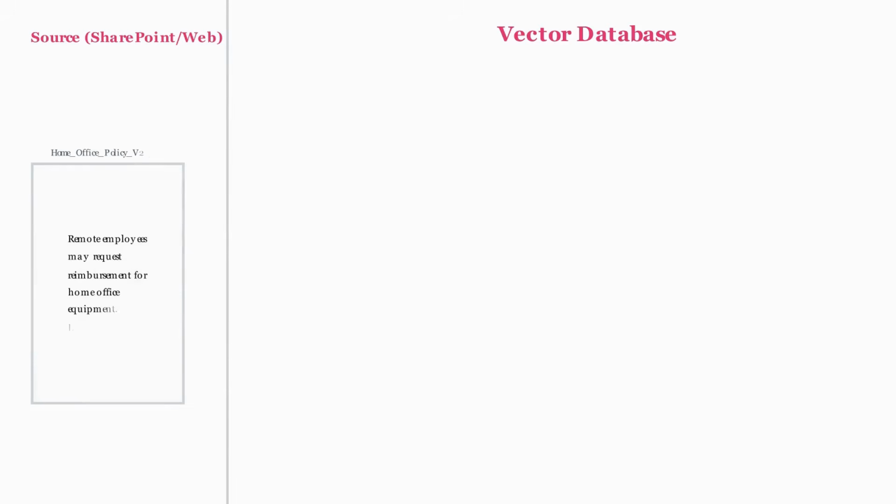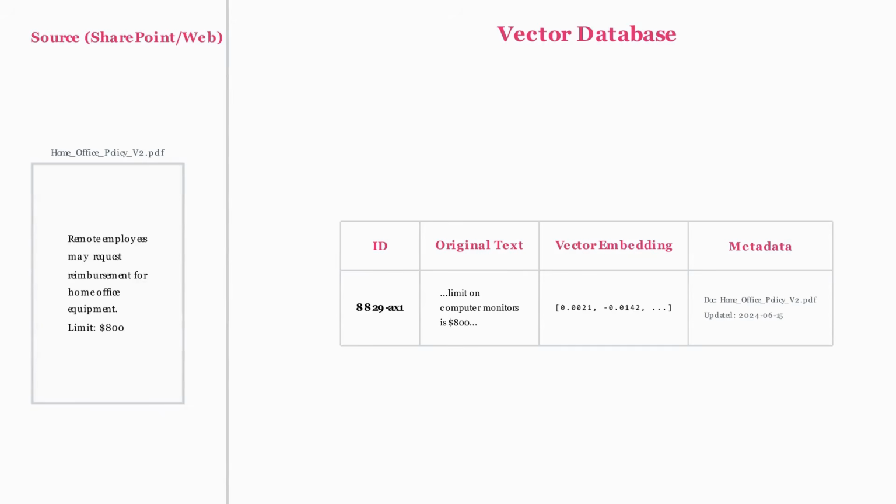The next part is data synchronization. This is the most difficult task. If a policy document changes in your SharePoint or web portal, but your vector database isn't updated, your AI will lie to your employees with total confidence.